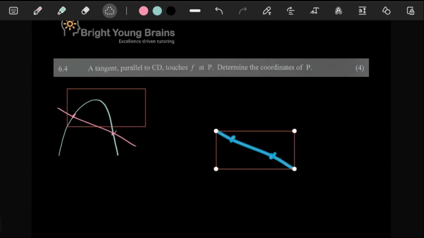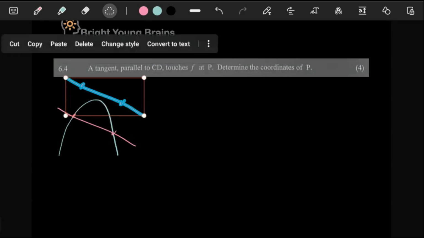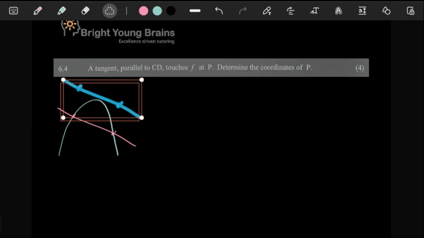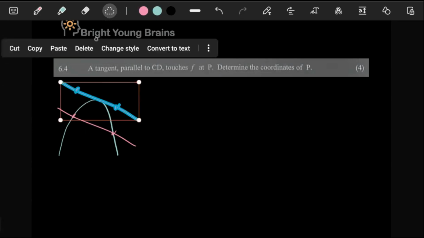Remember, a tangent is a line that touches the graph only once. So our tangent would need to be somewhere over there.